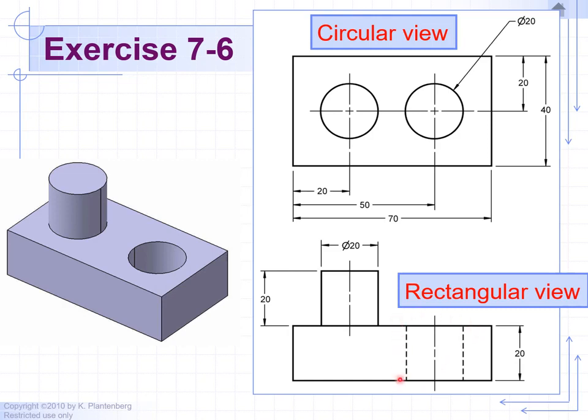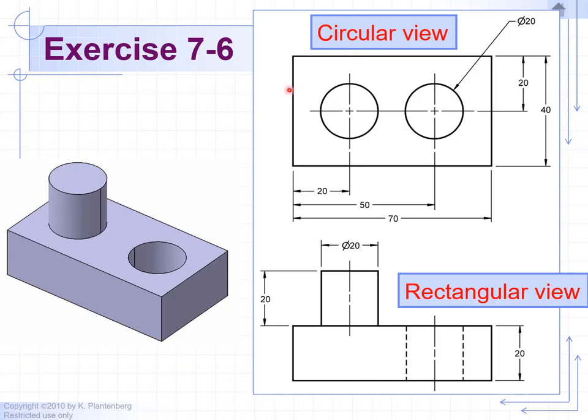Same thing with the hole. Here the view looks rectangular even though it's a hidden feature. We draw it as rectangular even though it's circular, but from this perspective it looks rectangular. But if you look at it from the top view, the cylinder and the hole will look circular. So that's why this is referred to as a circular view.